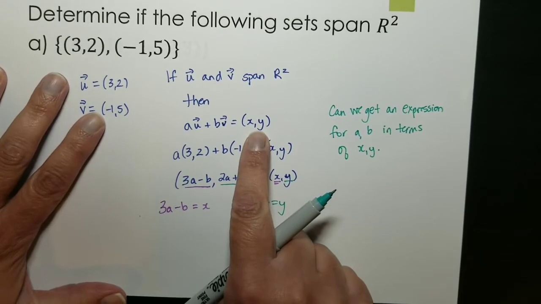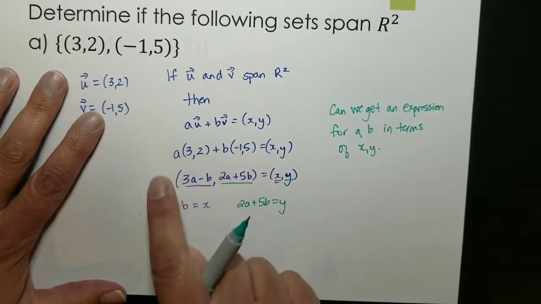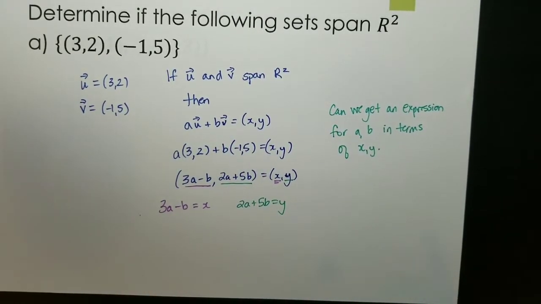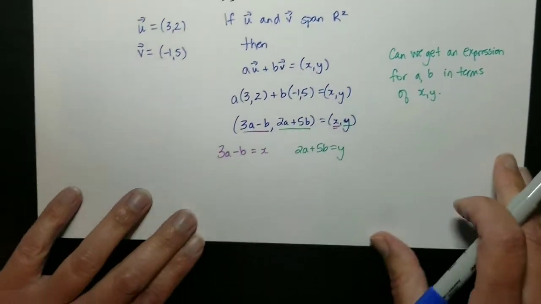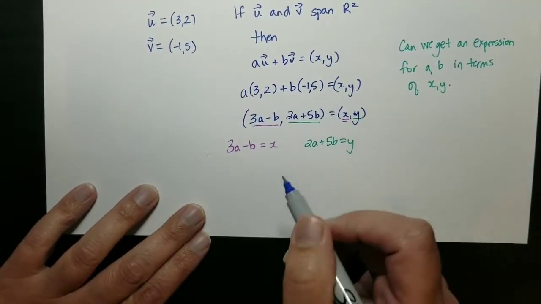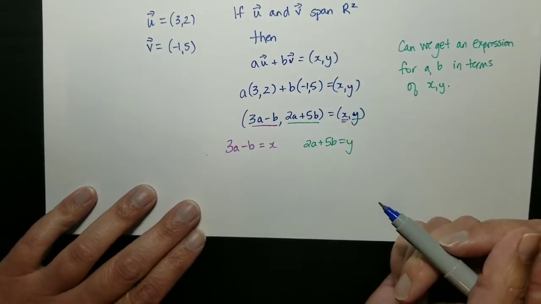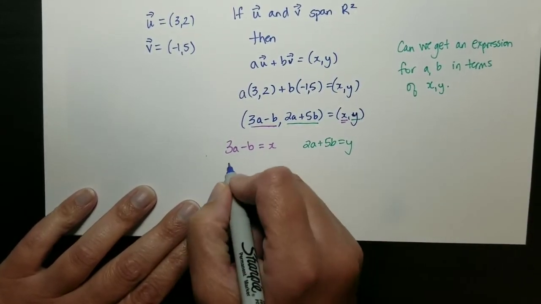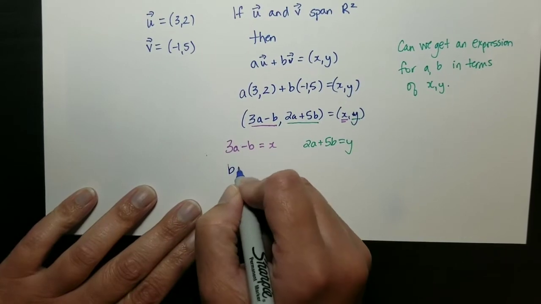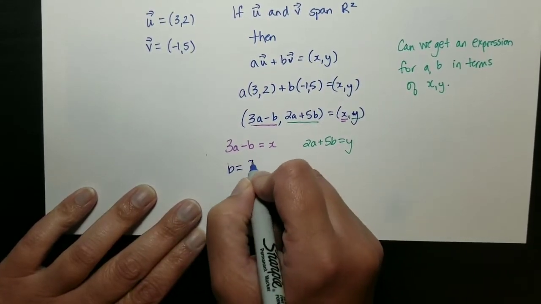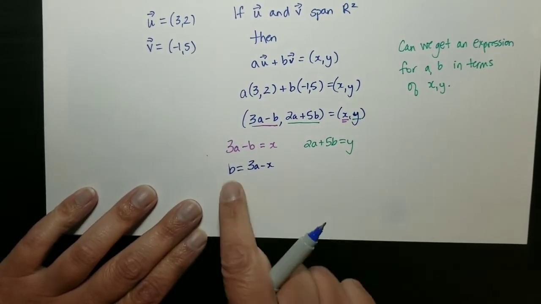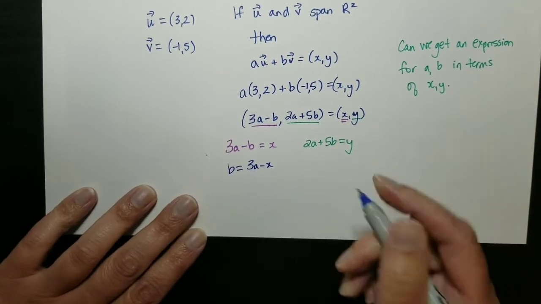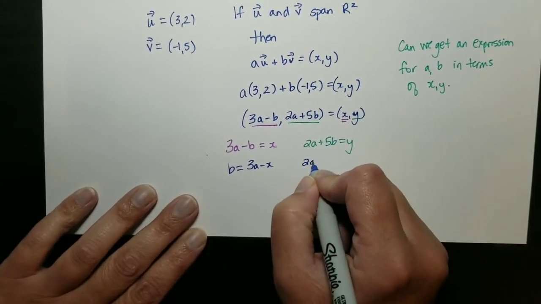So if we knew a particular point, any point, can we solve for an a and b value there? So we're going to try. And again, this is just substitution and elimination. I think I will just isolate the b here. So I'm going to say b equals 3a minus x, and then sub that back in. You could use elimination as well.